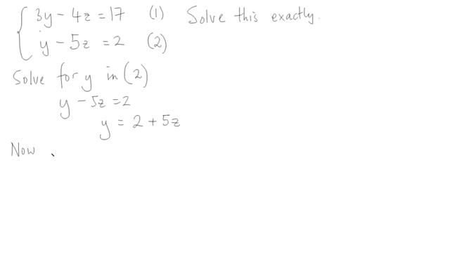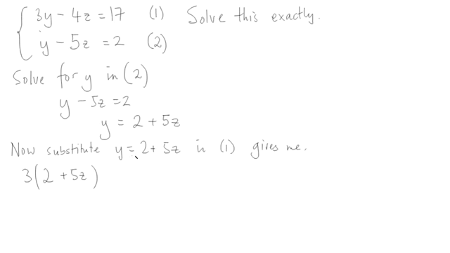Now, substitute y equals 2 plus 5z in equation 1 gives me 3, now wherever I see a y, I have to put this 2 plus 5z, but remember to keep it in brackets and then multiply out the brackets later. 3 brackets 2 plus 5z minus 4z equals 17.